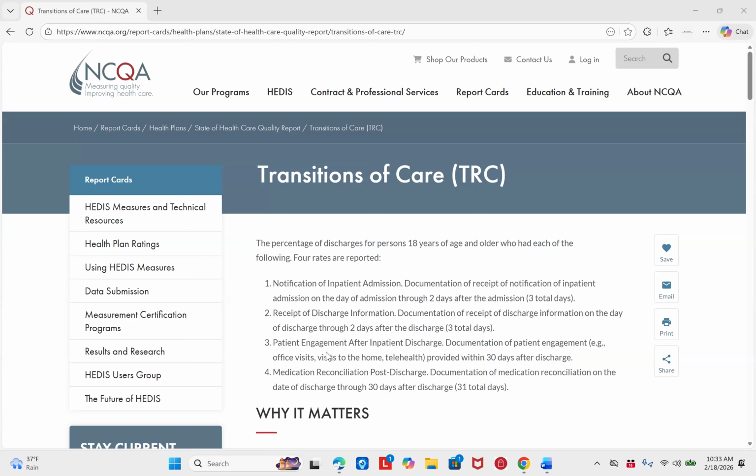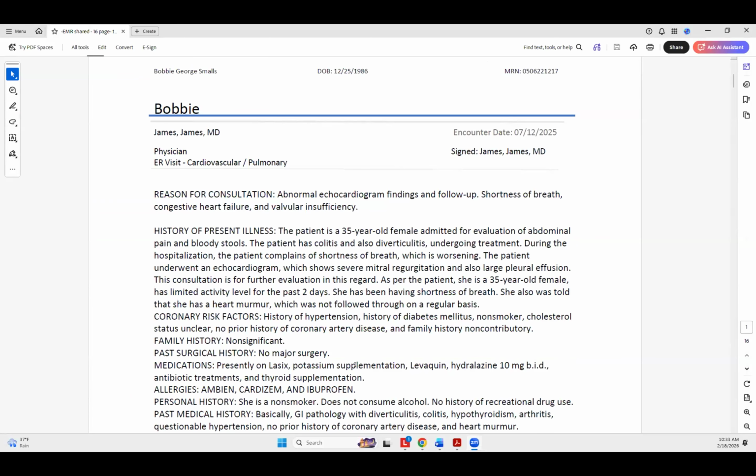So let me ask you a question. If we only have outpatient pages in the medical record, is that a shared EMR? No, it's not a shared EMR.